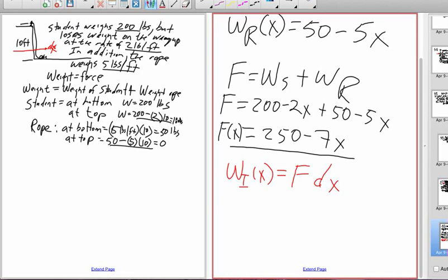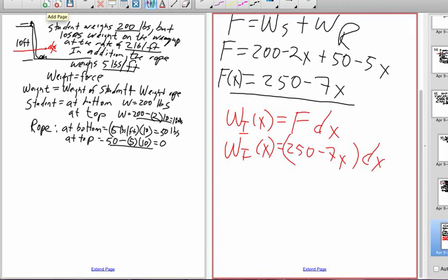So my instantaneous work is going to equal 250 minus 7x dx. There's my force times my distance, because I'm only moving him a very small distance.